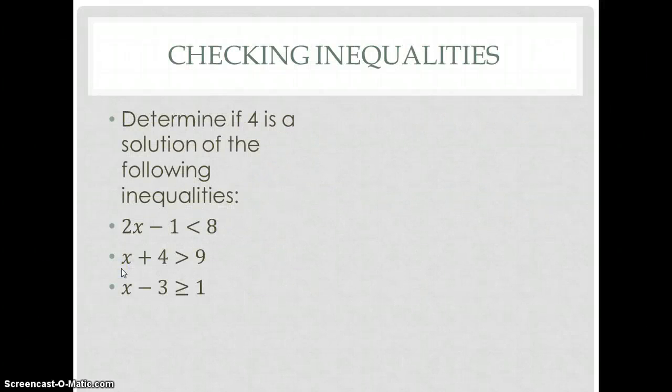So again, we're going to check a couple of these. Determine if 4 is a solution to the following inequalities. Let's start with 2x minus 1 less than 8. Okay, we're checking 4. So now I have 2 times 4. We're going to substitute it back in because we're checking it.